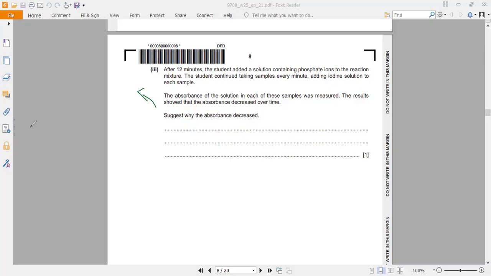The starch is being broken down by the enzyme.